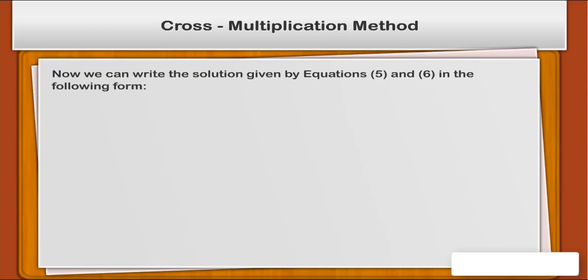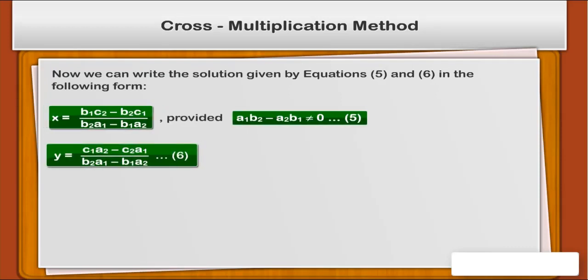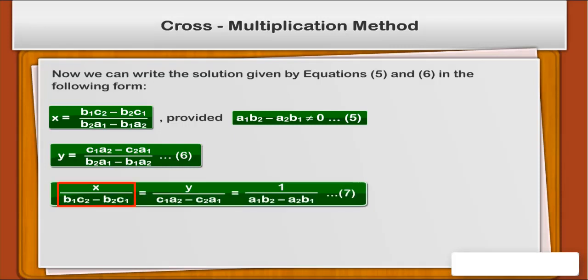Now we can write the solution given by equations 5 and 6 in the following form. x upon (b1c2 minus b2c1) is equal to y upon (c1a2 minus c2a1) is equal to 1 upon (a1b2 minus a2b1). This is equation 7.